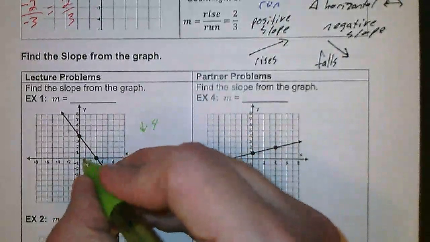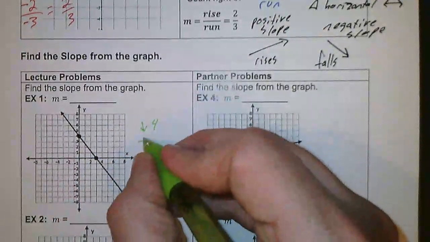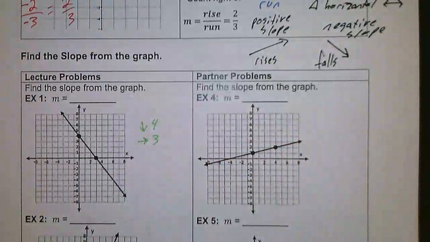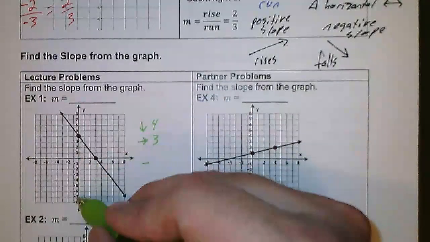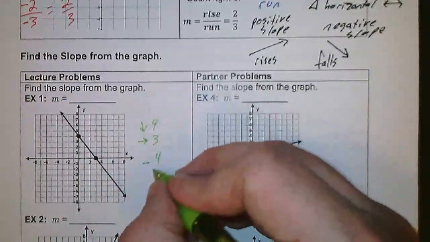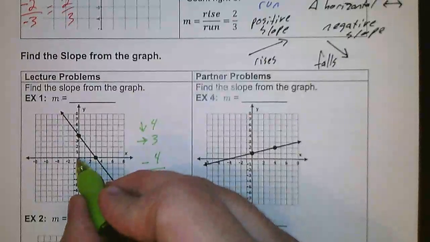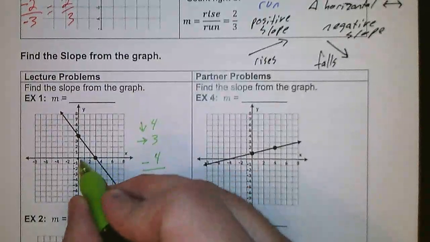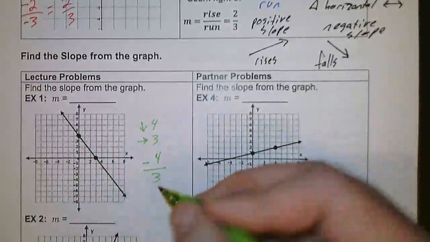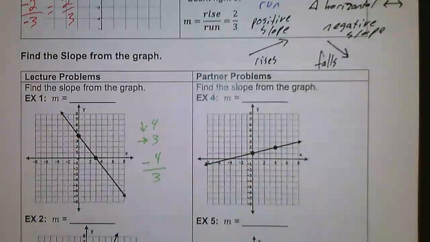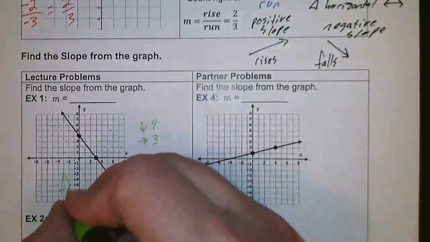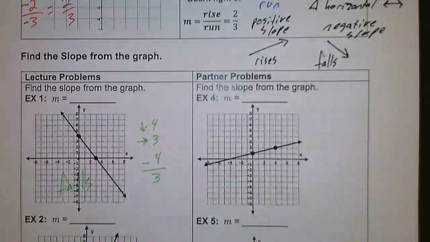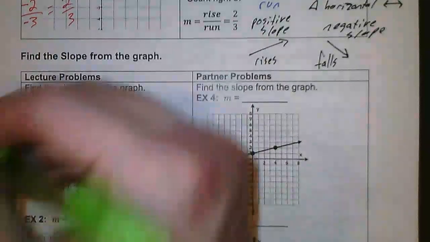And then I go over to the right 1, 2, 3. From the origin, if we go down, we're in the land of negatives. So that's -4 over. But from the origin, if I go to the right, that's the land of positives. So -4 over 3. Again, we see that the slope falls from left to right, so we know that it is a negative slope.